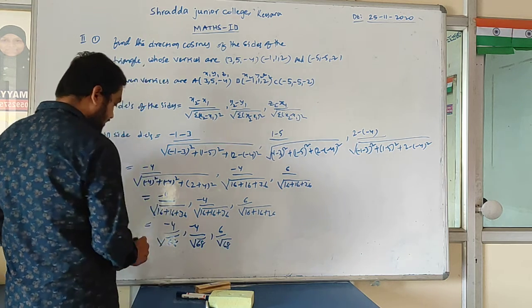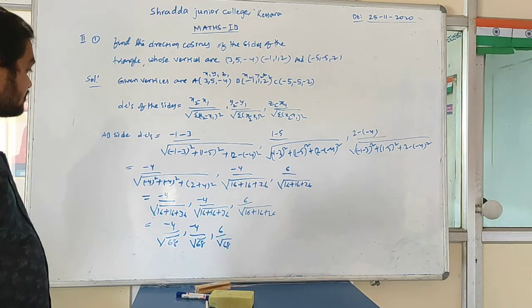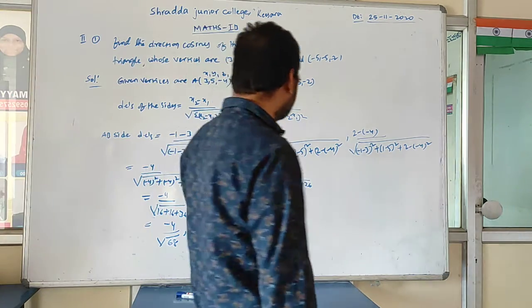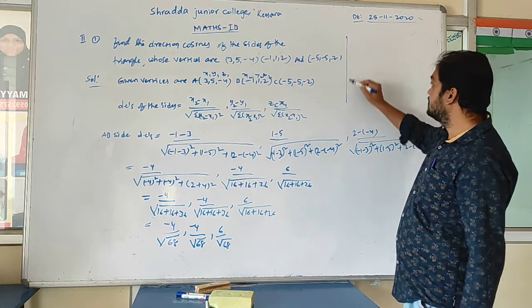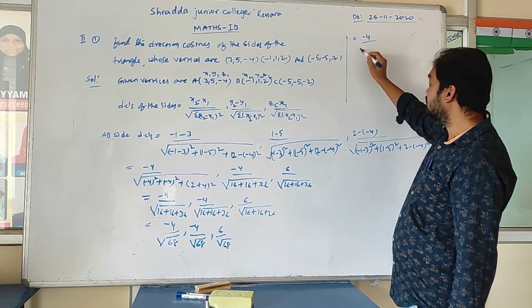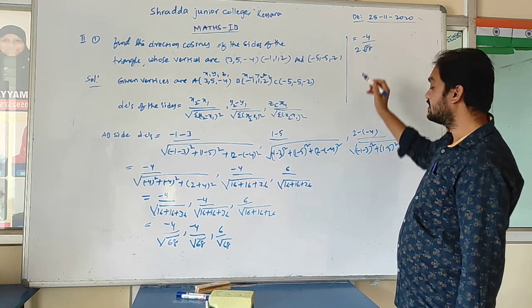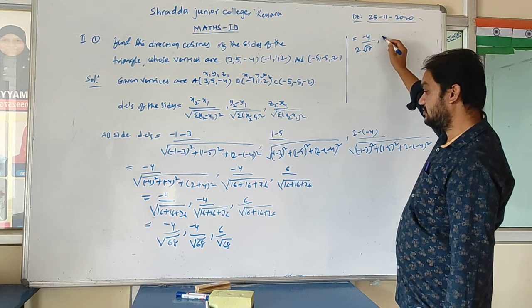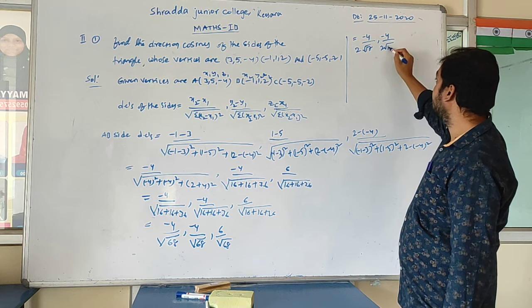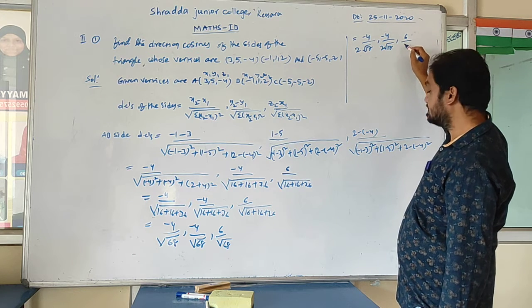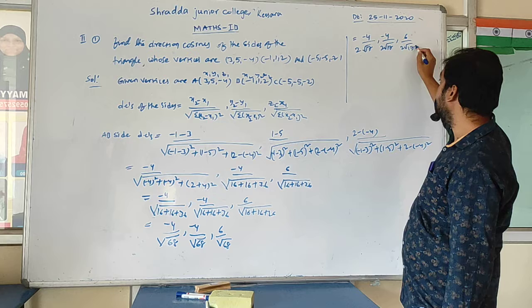Now how can we write root 68? That is 2 root 17. So minus 4 by 2 root 17, minus 4 by 2 root 17, and 6 by 2 root 17.